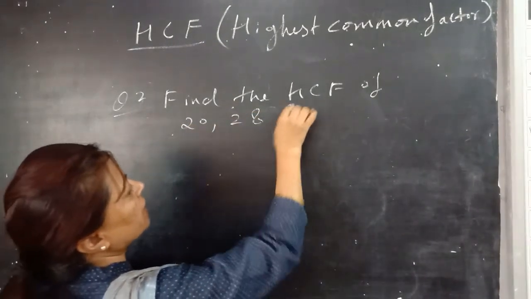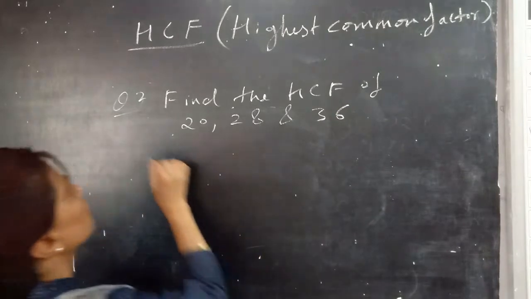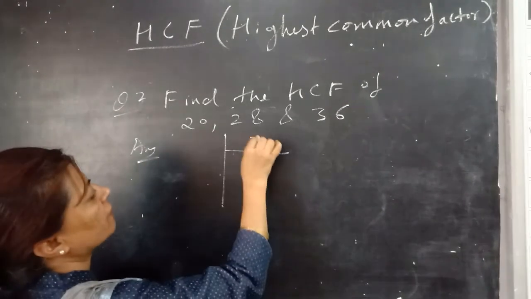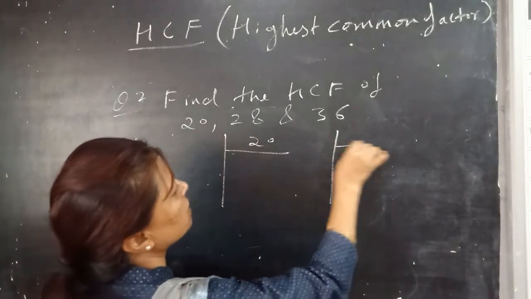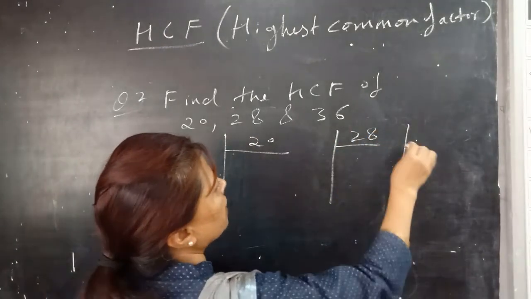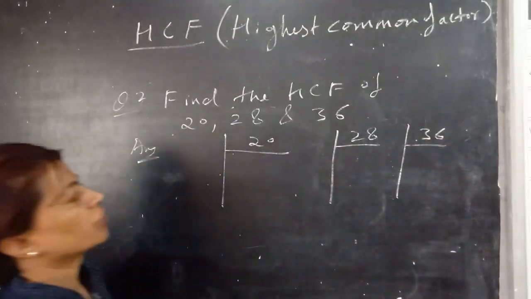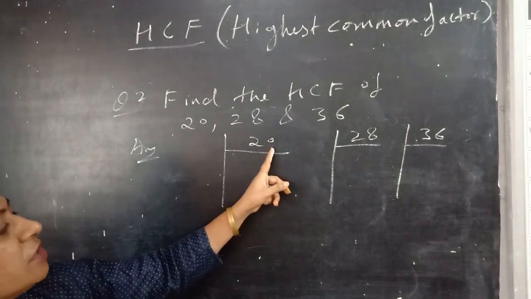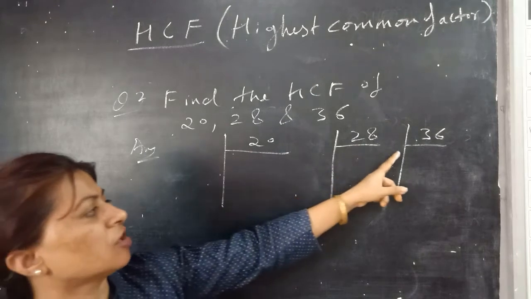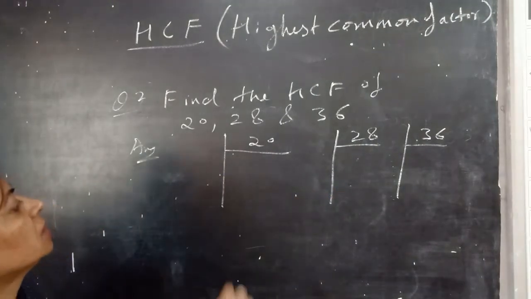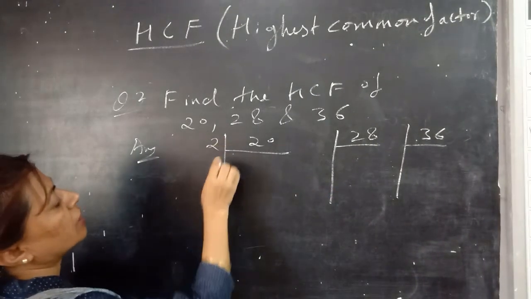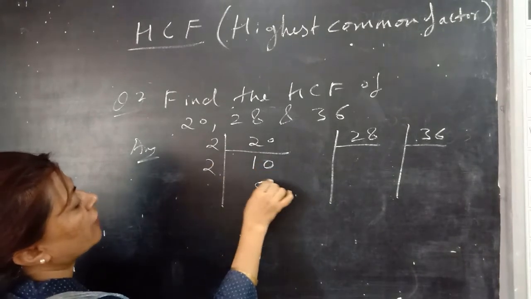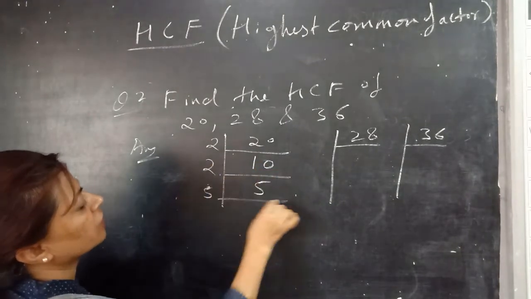Again we are going to first find the prime factors of all these numbers separately. Keeping in mind the divisibility test rule, you have to find out by which table it can be divided. So 20: 2 into 10, then 2 into 5, and 5 into 1.